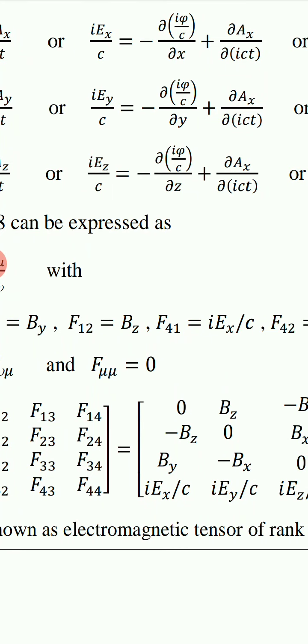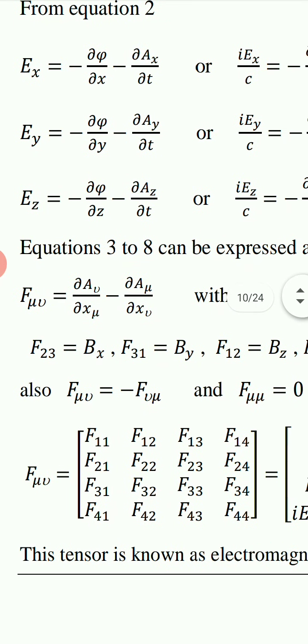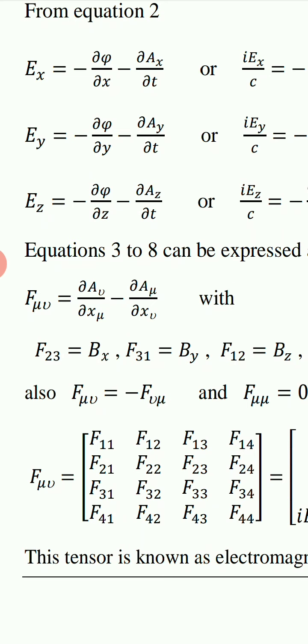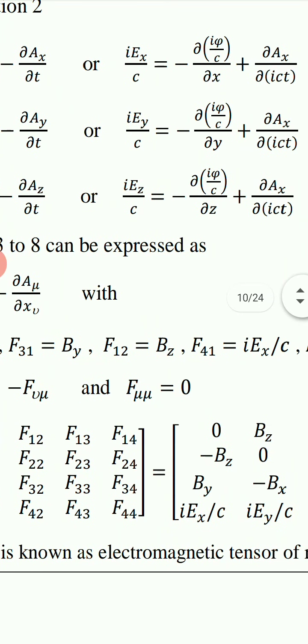by multiplying by i upon c on both sides. If we multiply by i upon c on both sides of these three equations, we have i Ex upon c equal to minus delta upon delta x of i phi upon c plus delta Ax upon delta ict.